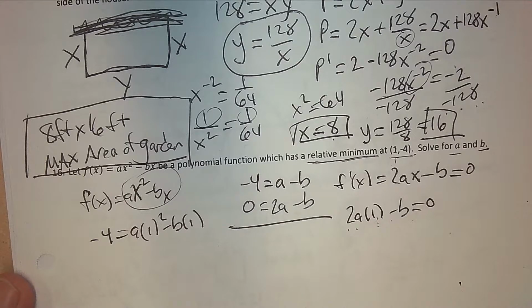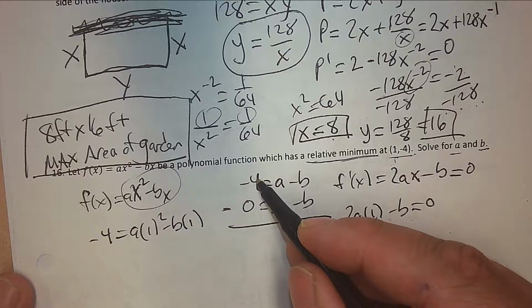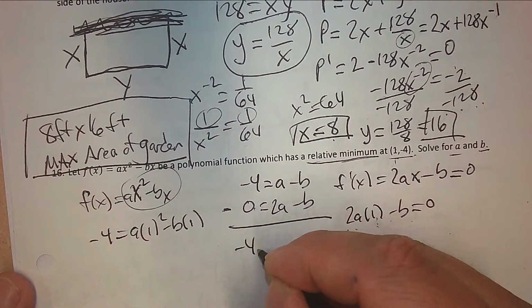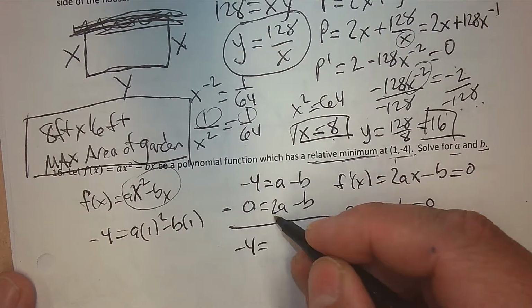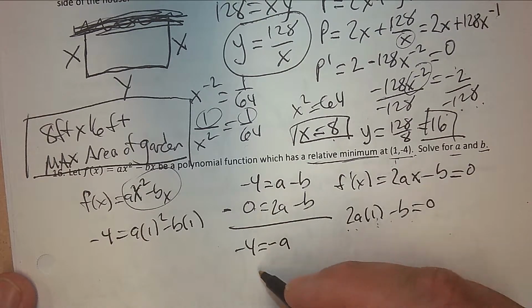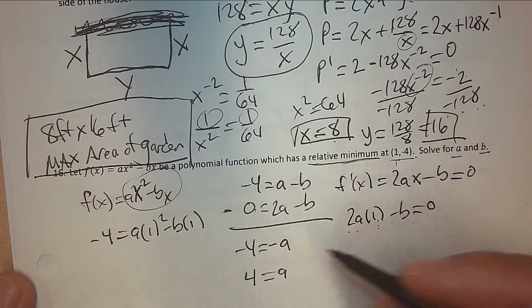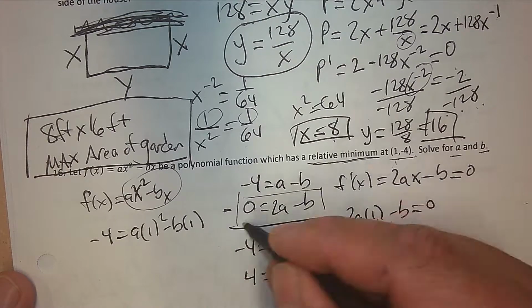We're going to solve for a and b. The easiest thing here to do is subtract. So negative 4 subtract 0 is negative 4. 1 subtract 2 is negative 1a, and then the negative b's would cross out. Divide by negative 1, and a is equal to 4. To find b, you can go into any of the equations. I'll just go into here.